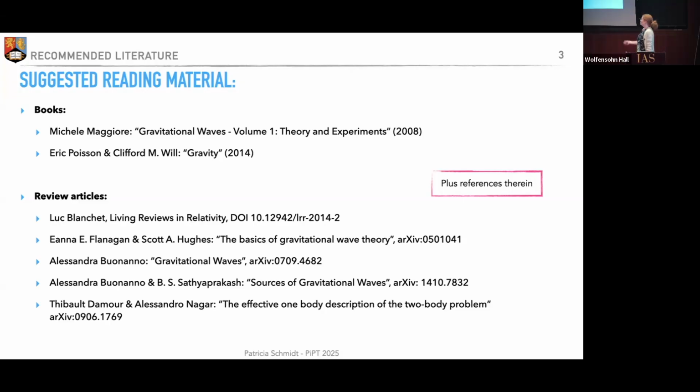If you have never read it before, I can recommend it highly to you. There's, of course, standard books which focus on the analytic side of things, and then other review articles, and we'll dot around some papers as we go along as well. And of course, many of these will have very interesting and exciting references therein. In particular, if you look for a particular post-Newtonian order or something like that, you might want to take a look.